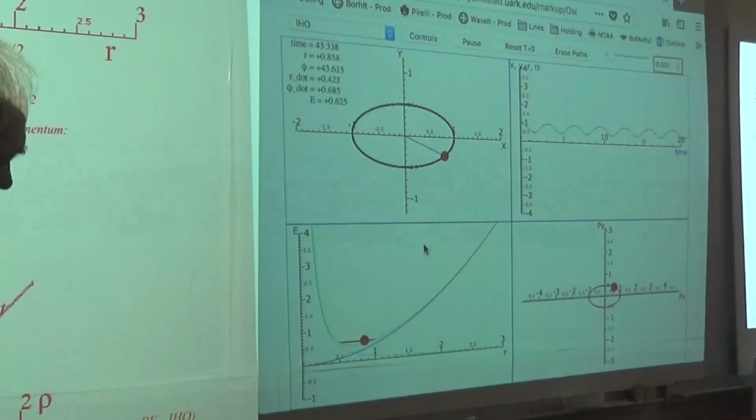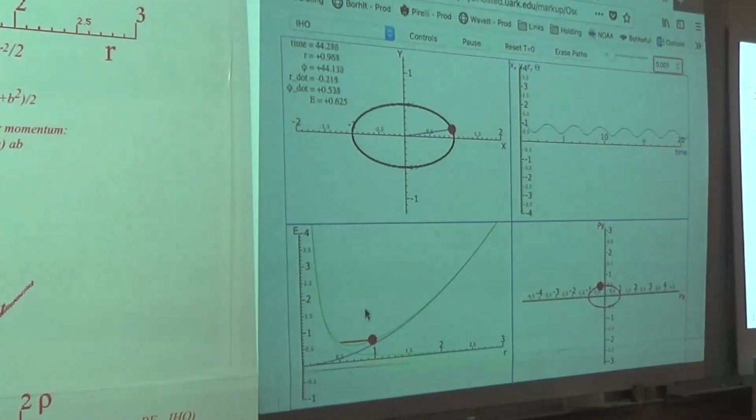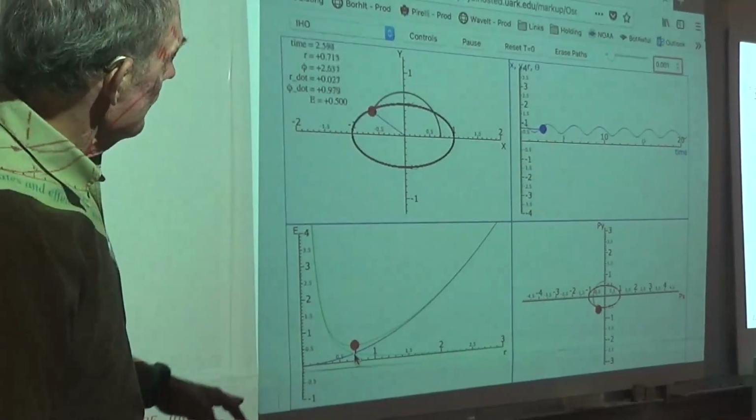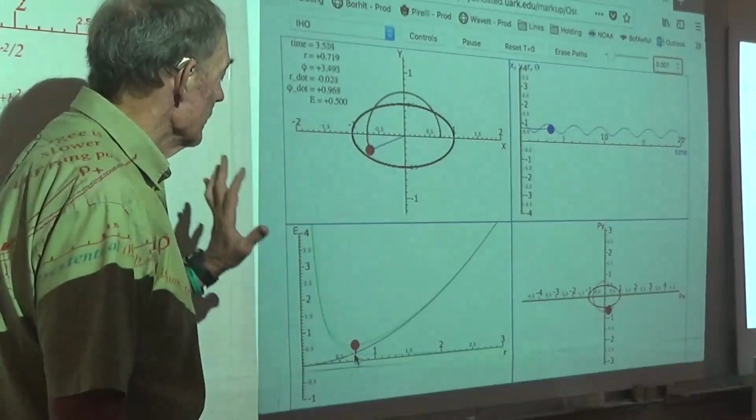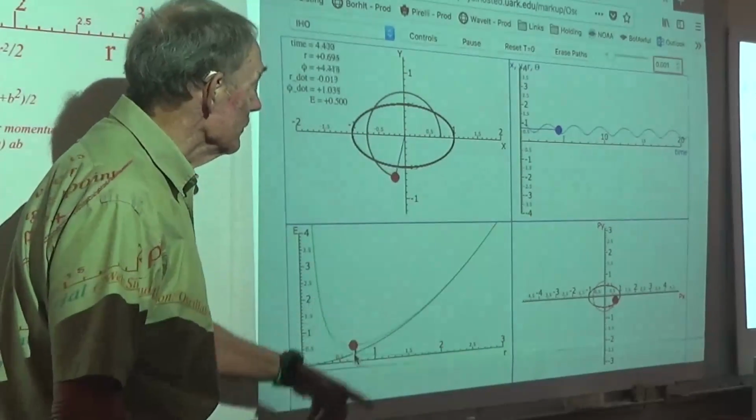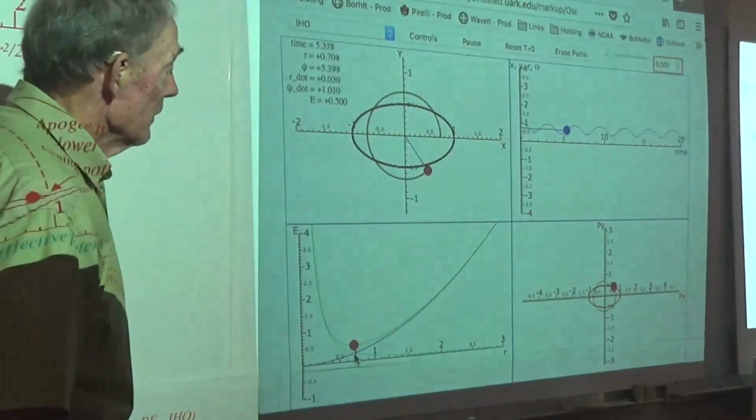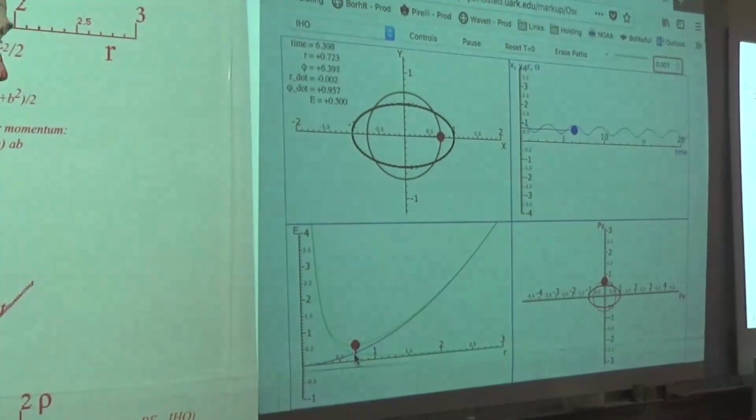Reaching into this region right here, one of the things I can do is just bring this thing pretty much to a stop. Well, I didn't quite get it. It's still oscillating just a little bit. I didn't quite get the bottom of that green curve, which is the total effective potential.